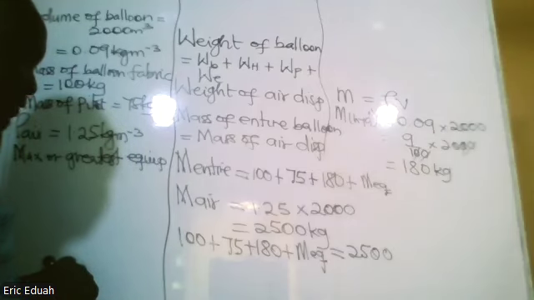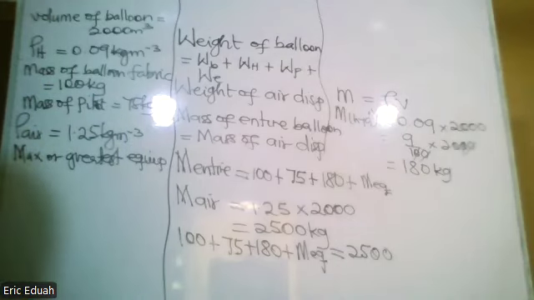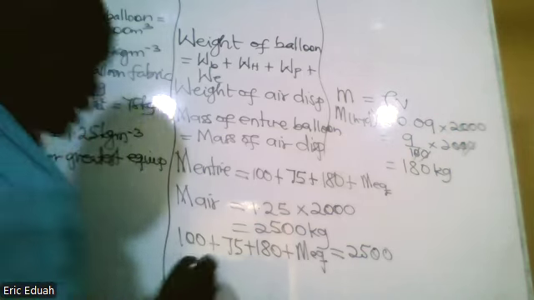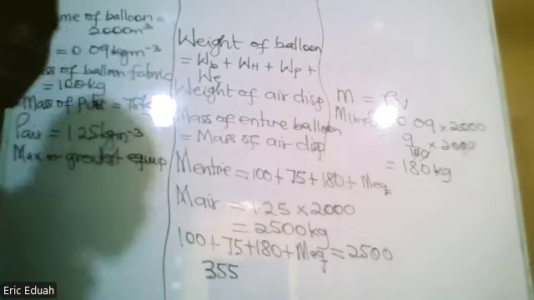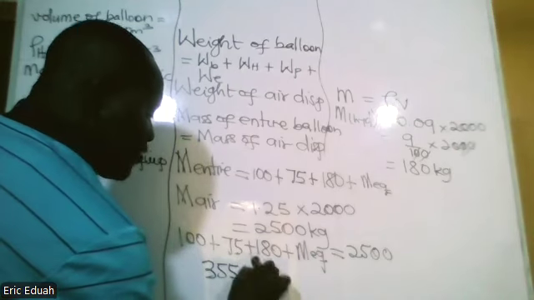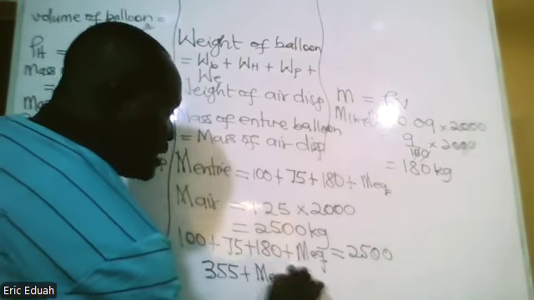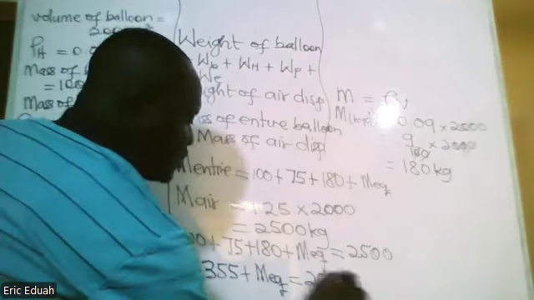So 280 plus 75 is 355, plus mass of equipment. This is equal to 2,500.